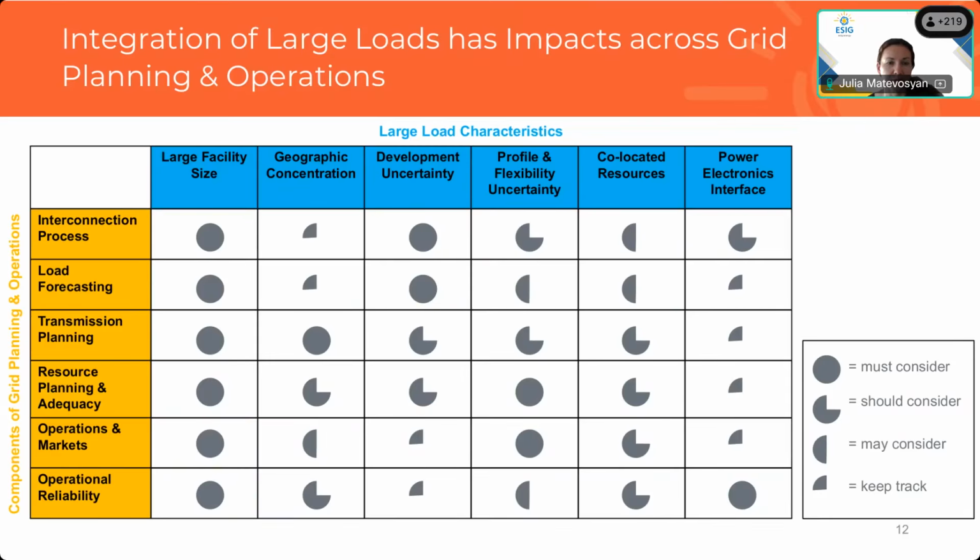We focused on large load size, geographic concentration, development uncertainty, profile flexibility, co-located resources, so co-located generation, and whether the load has a power electronic interface. We evaluated the impact of these characteristics on each of the topics of focus of the Large Load Task Force. That's how the table looks now, but it's still subject to change. We need to agree across all of the project teams.